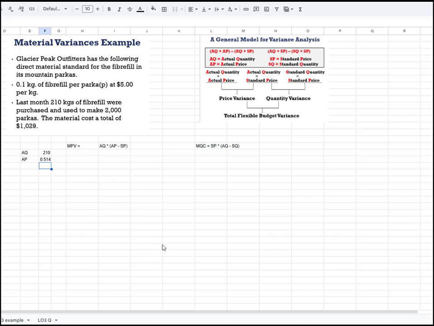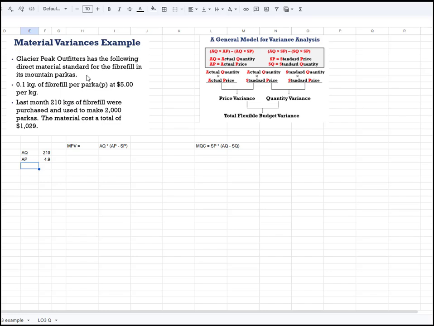Let me just double check. Apologies. This needs to be our total price divided by the kilograms that we used, because we need everything to be in kilograms, not per parka. So this should be our 1029 divided by the 210 kilograms that we actually used. All right, that gives us 4.9.